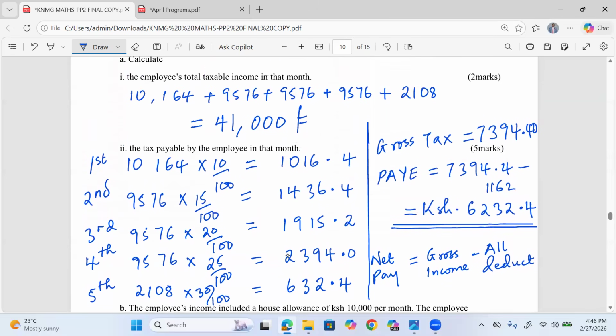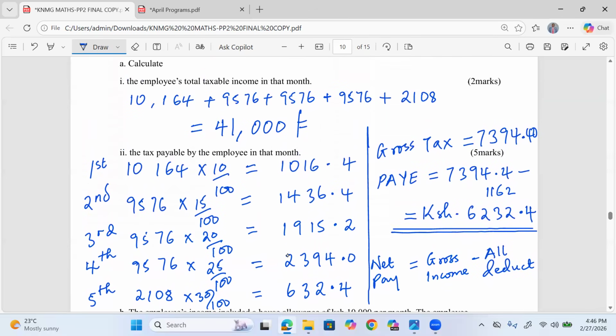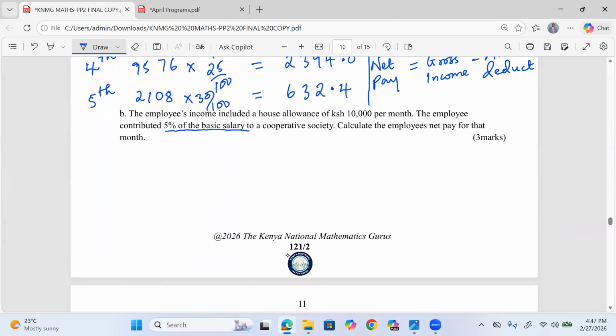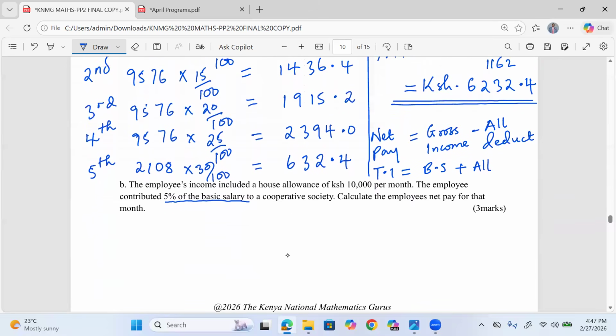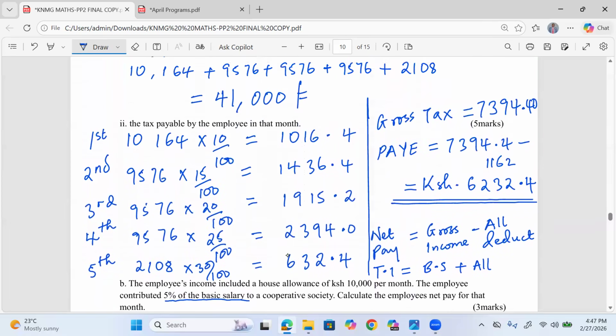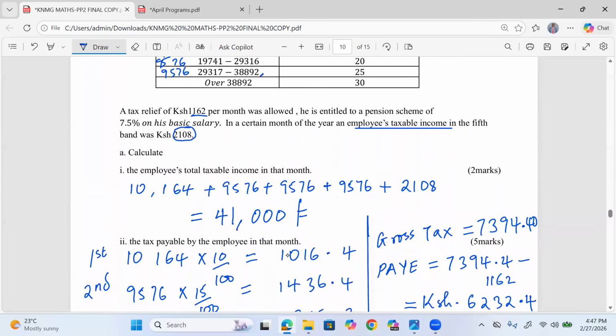So can we say this, that taxable income is usually given by basic salary plus allowances. And something that we're supposed to know is that the pension scheme is not being taxed. The person is first deducted the pension amount, then taxation takes place.